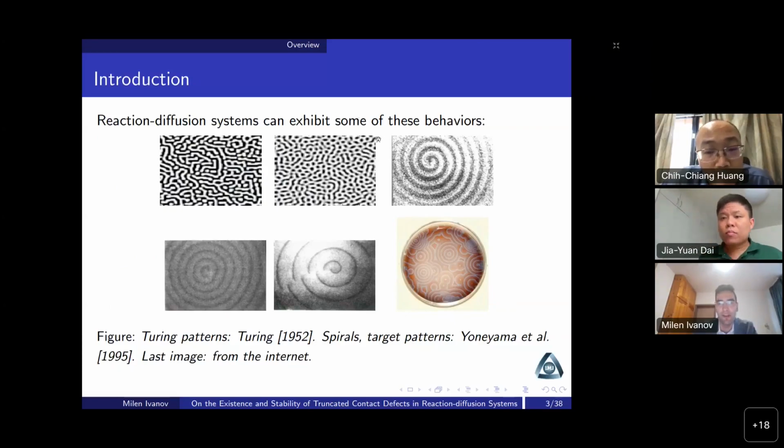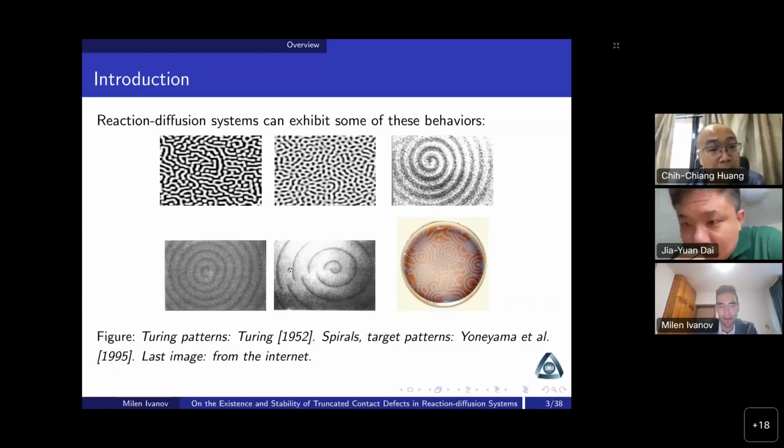The third image is from the so-called BZ reaction, where one observes that spirals form when we mix chemicals. The fourth image is in the same type of reaction. However, here we have concentric circles, which we sometimes call a target pattern.